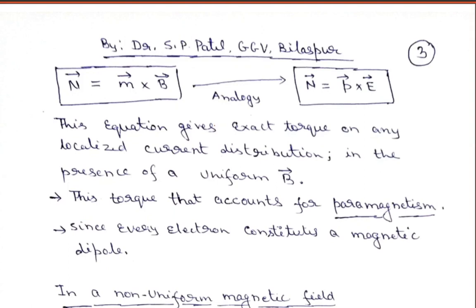So this equation gives the exact torque on any localized current distribution in the presence of a uniform magnetic field.